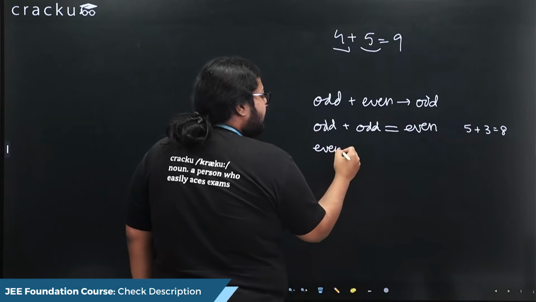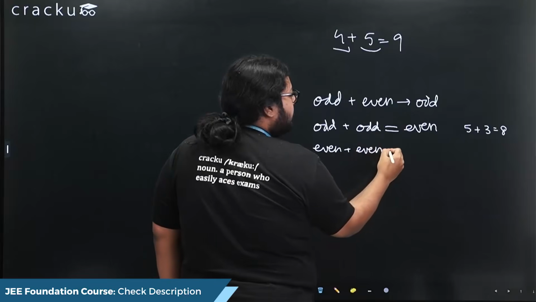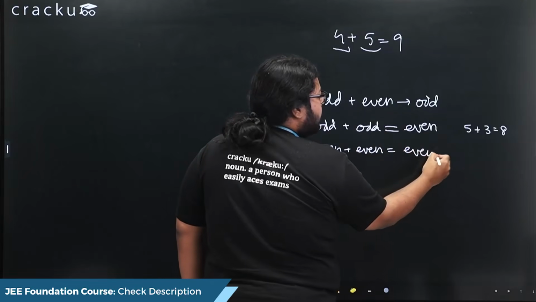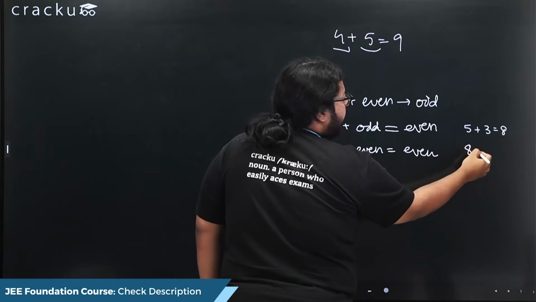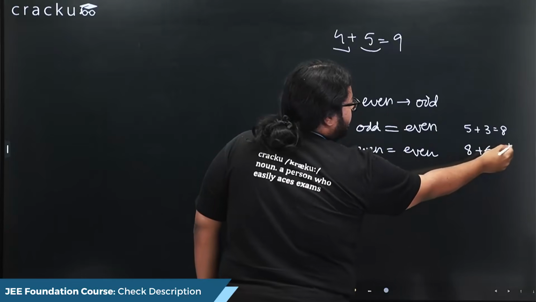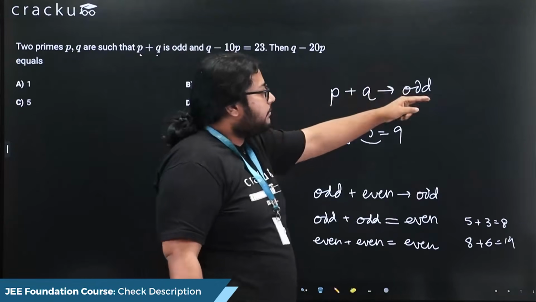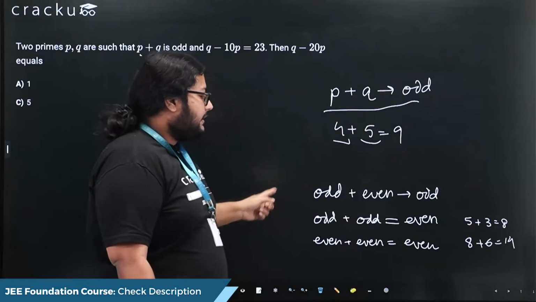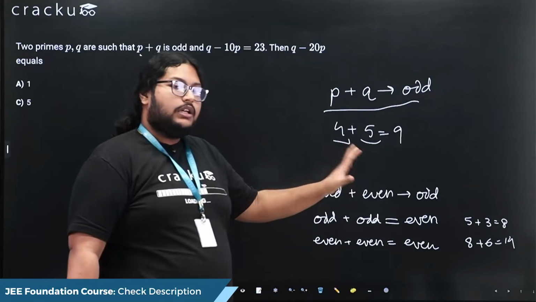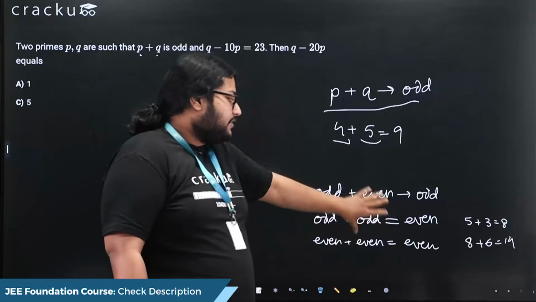Another way to get even is if I have two even numbers. In that case also I always get an even. Just say 8 plus 6 is 14. So when I am told that the sum of these two numbers is odd, I have to understand that one of the numbers is odd, the other one is even. Has to be the case.